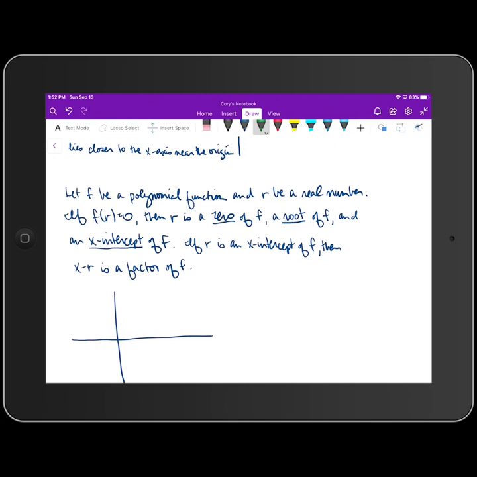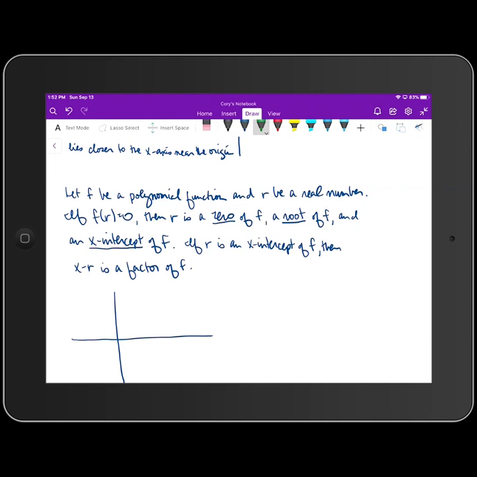R is also a root of the function f, and r is an x-intercept of the function f. So when you see 0 or root or x-intercept, those are all synonyms. They mean the same thing. Okay, so those are values that make your function 0.